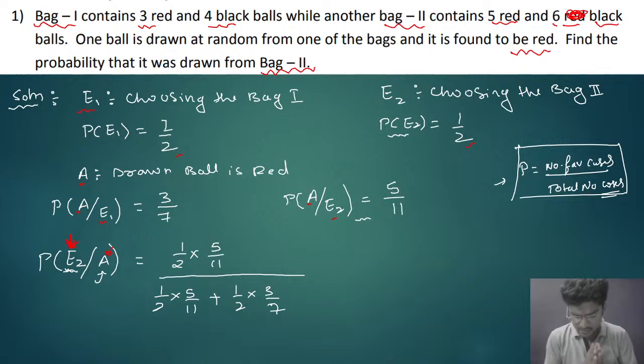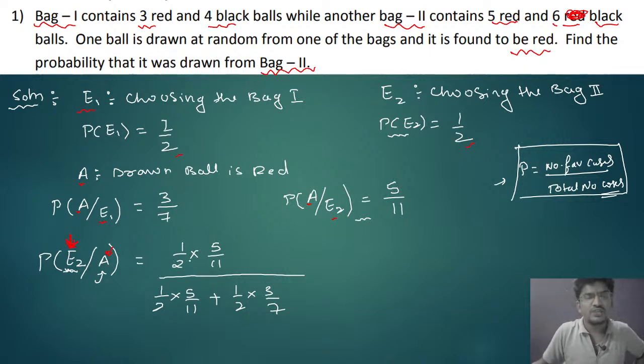See, understanding the problem is very important. That's why I am telling. Once you want to write the formula, you have to write favorable cases divided by total number of cases. Total number of cases you have 2. So I have to calculate the probability of bag 2 given that it is red.